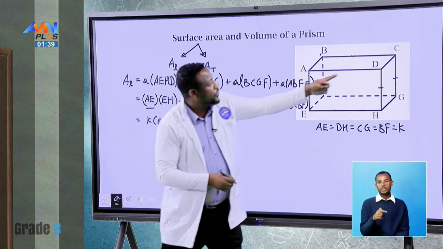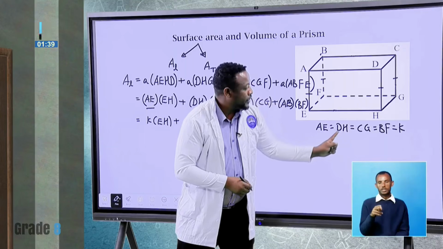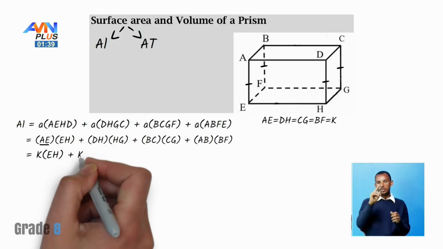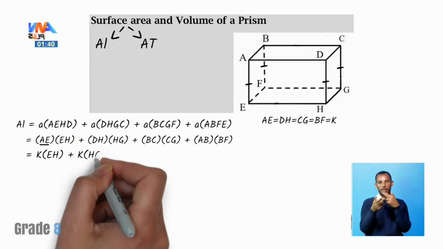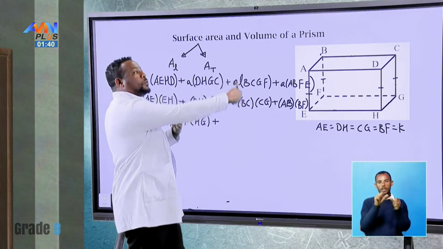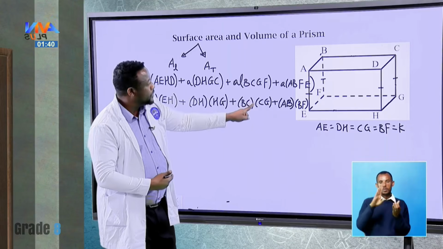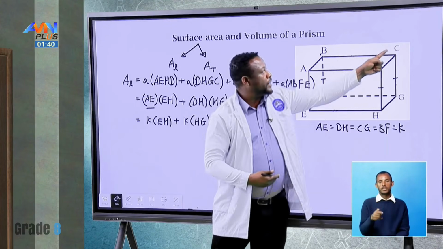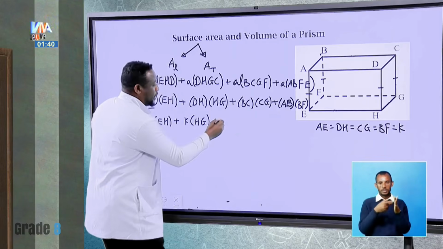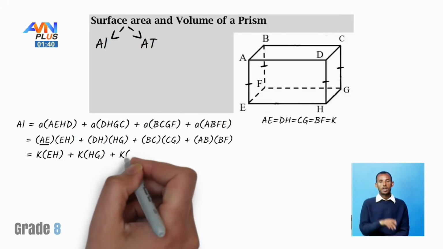DH is constant, so in place of DH, you can substitute K times HG, plus the area of the back part, BC times CG, and CG is K, so you can write K times BC.